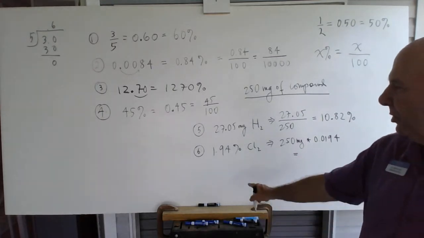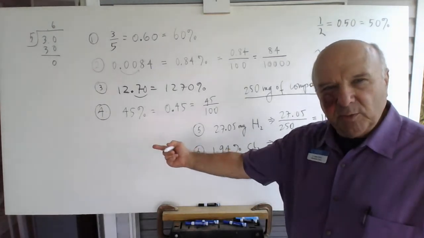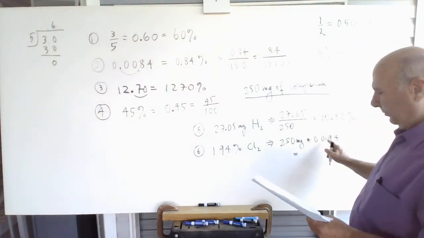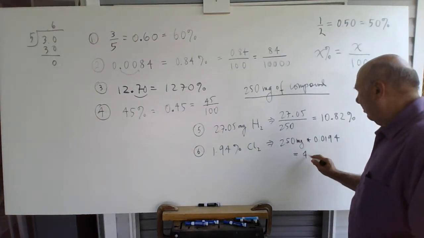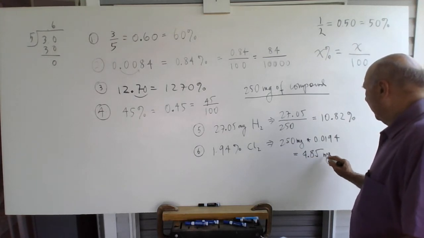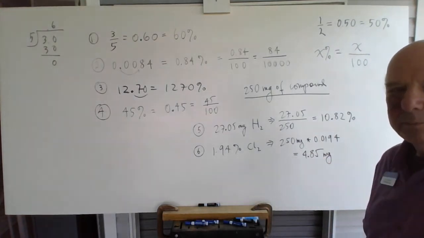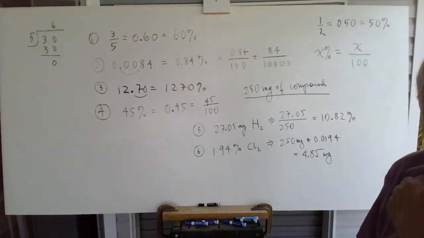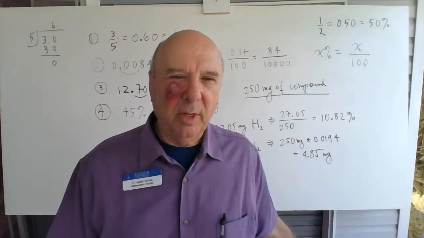I would change the percent to a decimal by moving the decimal place 2 places to the left. And if I do this in a calculator, I get 4.85 milligrams. So to the nearest 1/100th of a milligram, that was the directions.